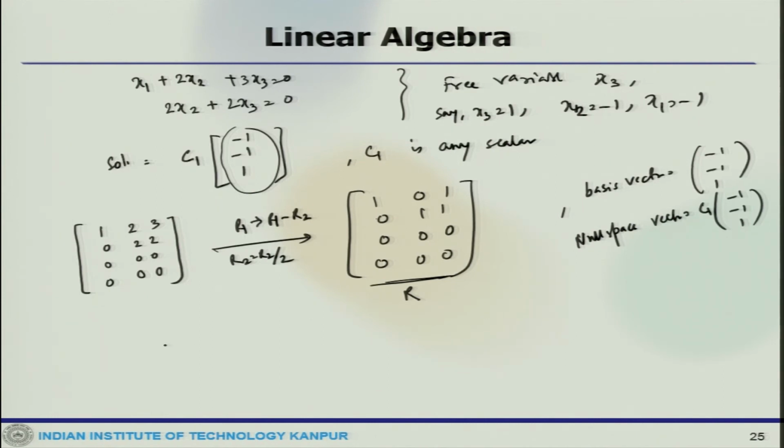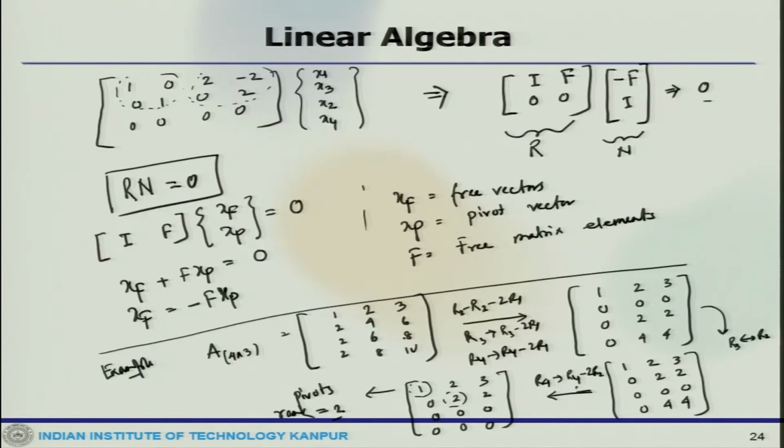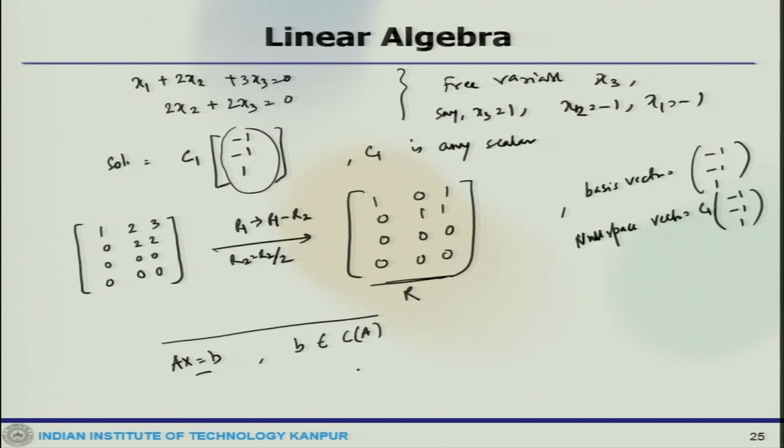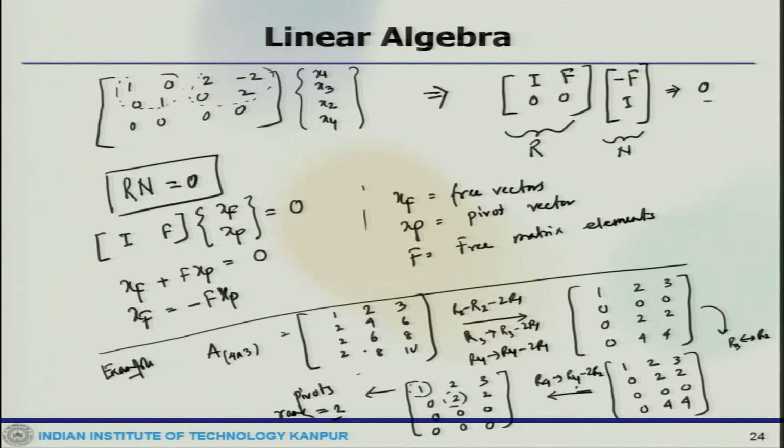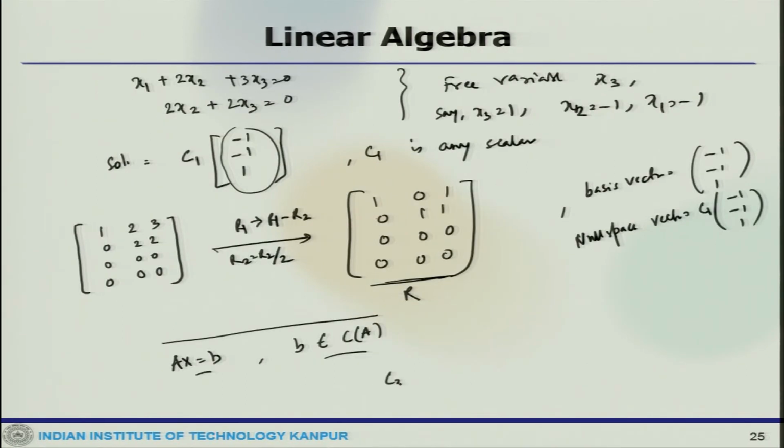Now obviously, for a solution of any Ax equals b, b has to belong to the column space of A. In the previous example, we are talking about this 4 by 3 system, where we can say that this is column 1, this is column 2, this is column 3, then C3 minus C2 minus C1 would be 0.